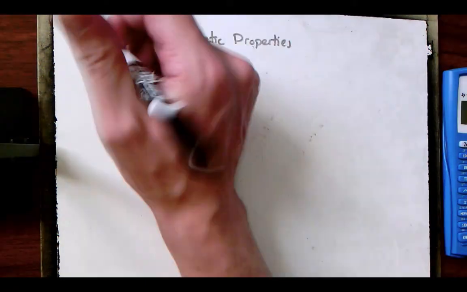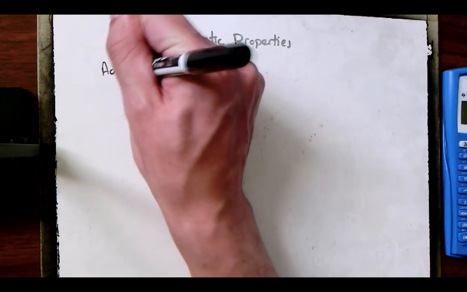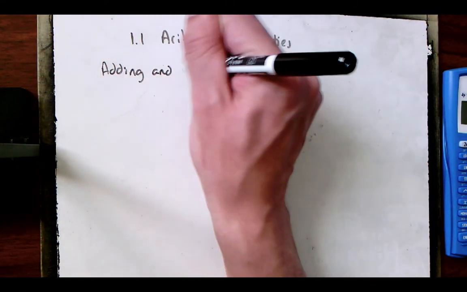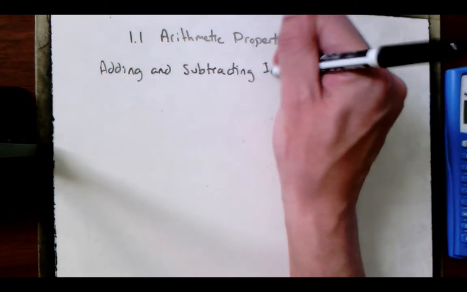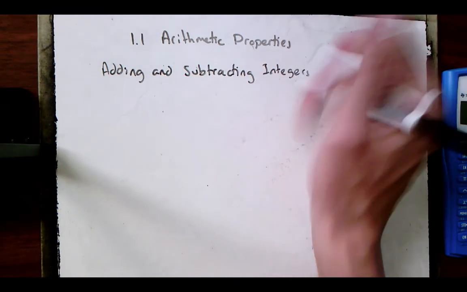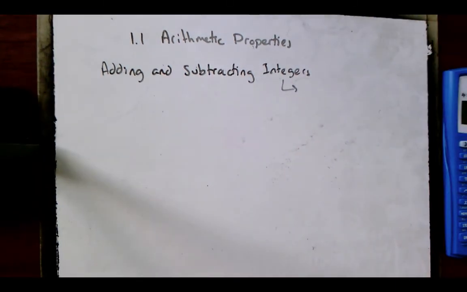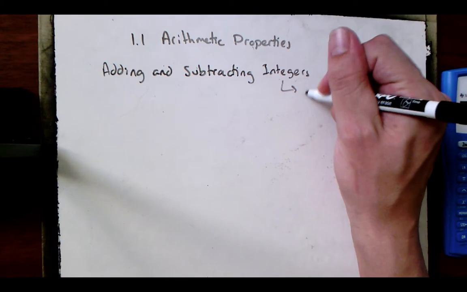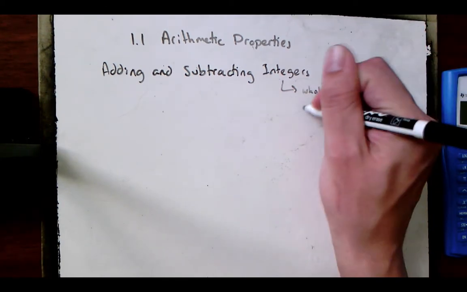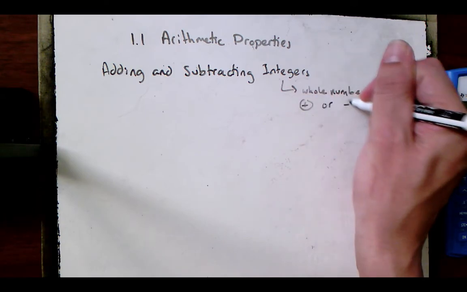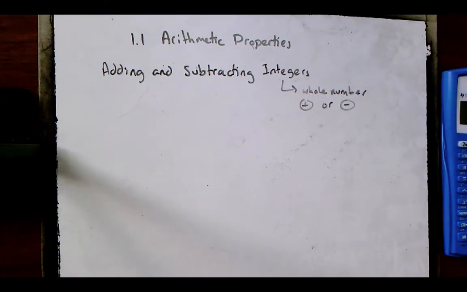So I'm actually going to start with adding and subtracting integers. By the way, an integer is a whole number, positive or negative. Zero is also included in this list as well.